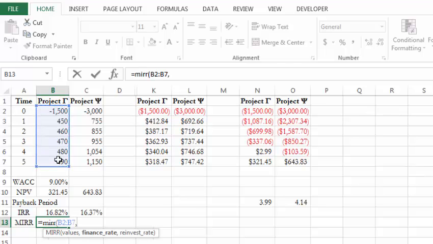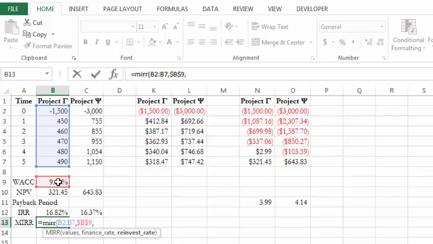Then we put comma, and it asks for our financing rate. Oh my word, it says financing rate and reinvestment rate. Now the financing rate is our weighted average cost of capital for sure. So we hit that one, and because I'm going to copy this one over, I'm going to hit my F4 key. Then I hit my comma, and it says reinvestment rate.